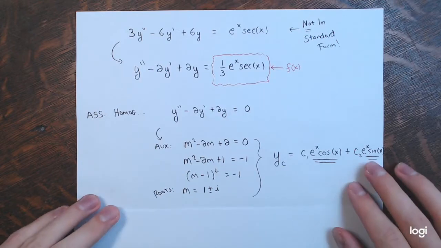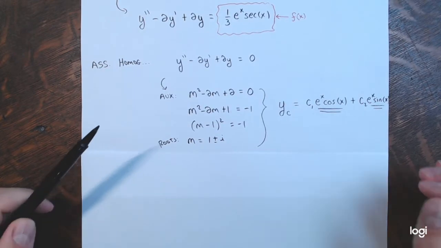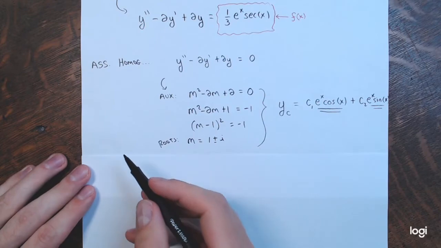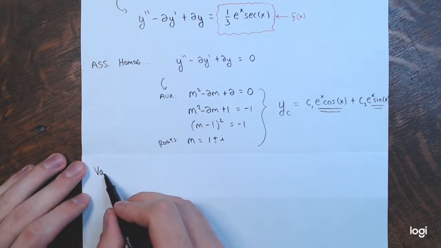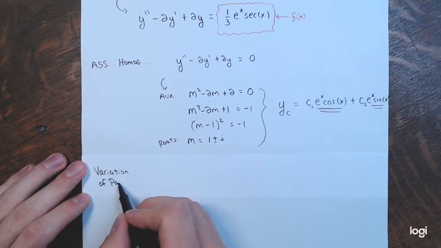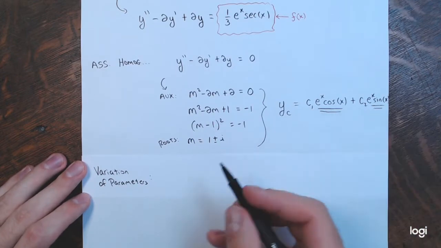So next comes finding a particular solution to the non-homogeneous equation through variation of parameters. So again, I'll write, variation of parameters. We are varying the parameters c1 and c2.